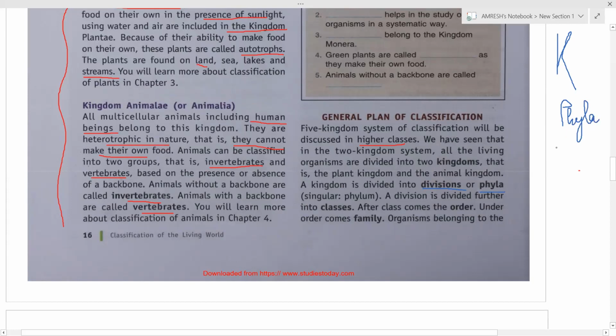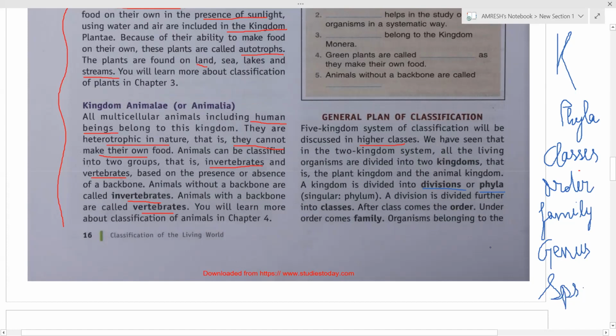The phylum is again divided into classes. The class is again divided into orders. Order is divided into families. This is the basis of classification. This is very important to remember. Family is divided into genera or genus. And genus is divided into individual species. So this is the basis of classification from kingdom to species.